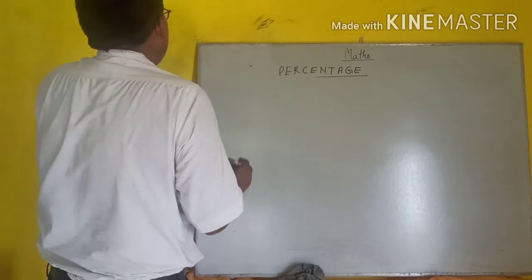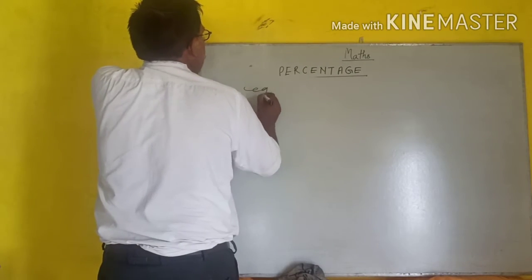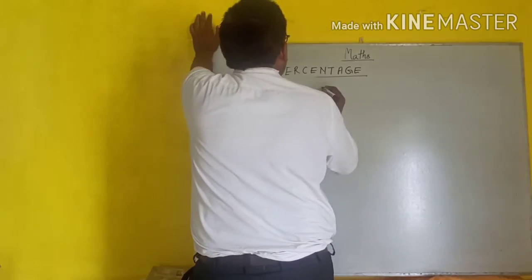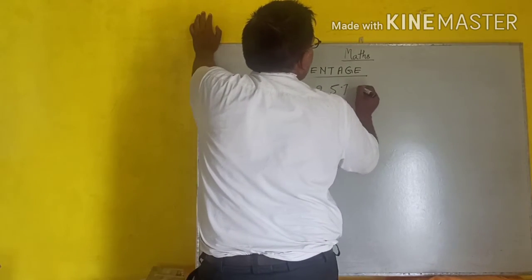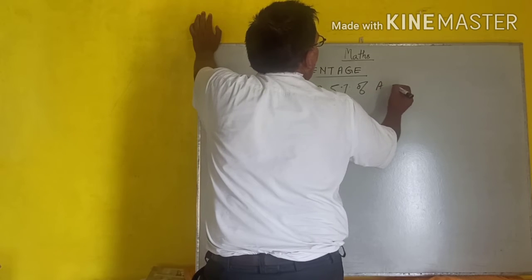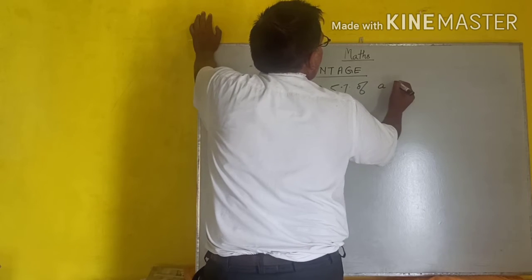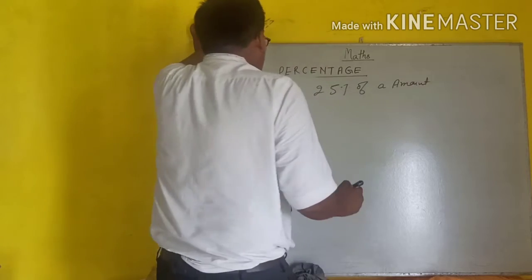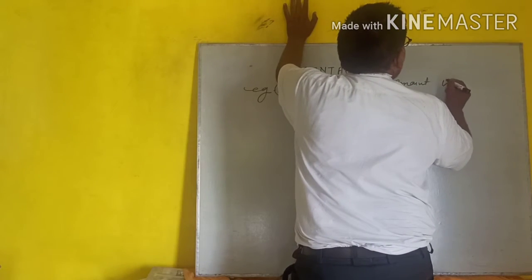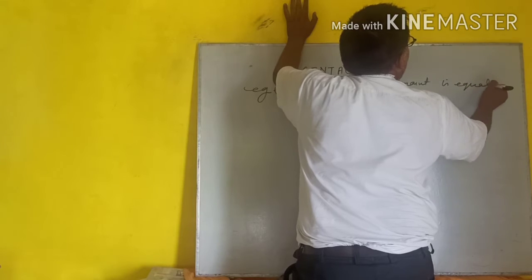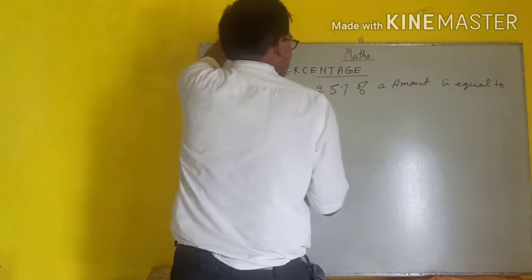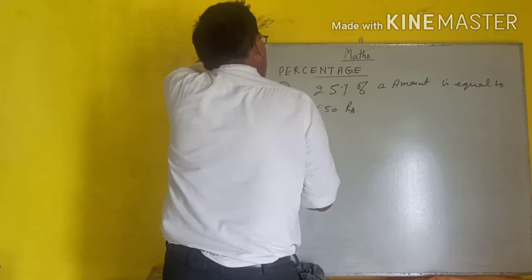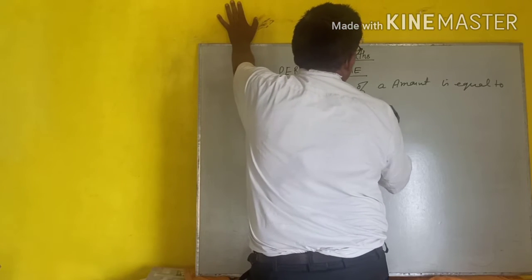If there is written example 4, 25% of an amount is equal to 650 rupees. Then find the amount.